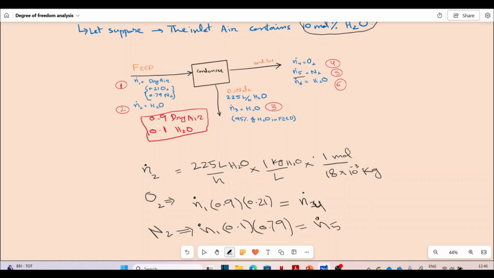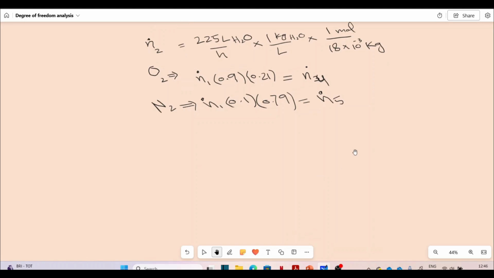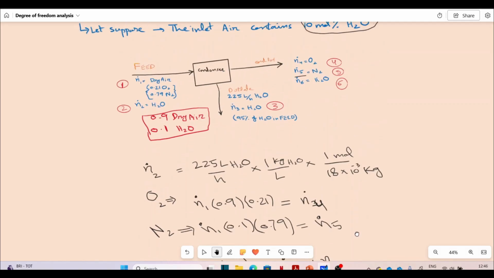After that we can also write a balance for water. For water, we know that in the feed, that is N1, we have 10 mole percent of water, so 0.1, and it is equal to N3 plus N6.